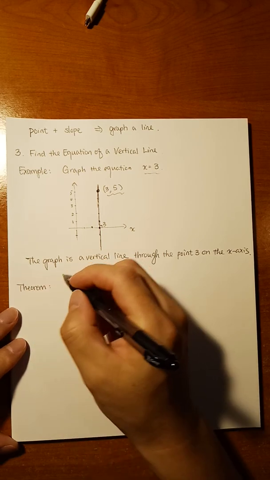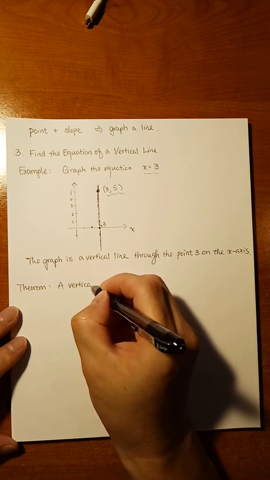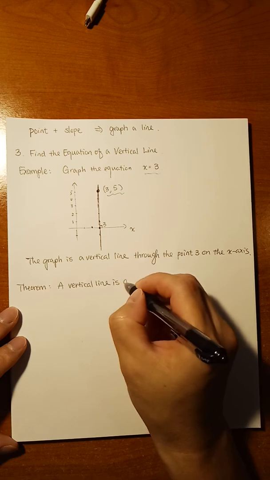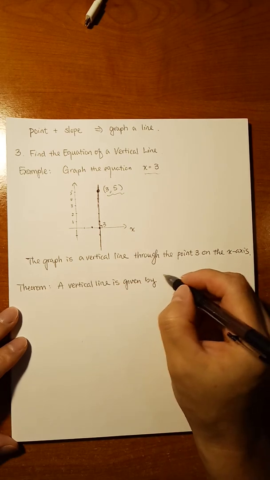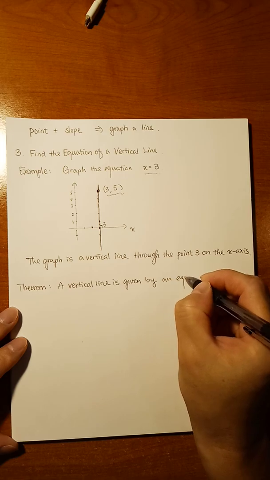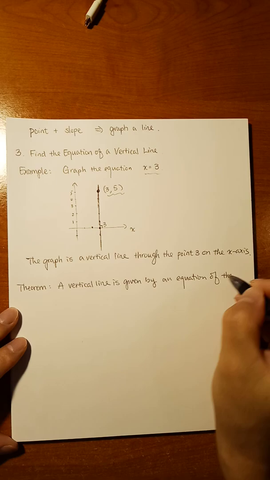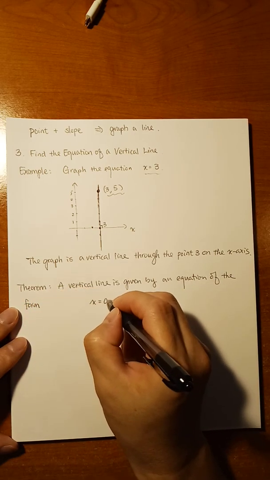Our theorem says a vertical line is given by an equation of the form x equal to a.